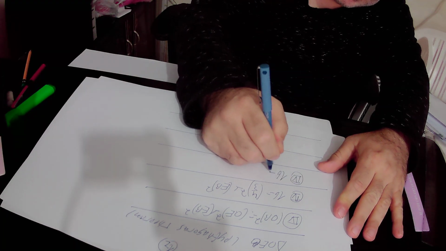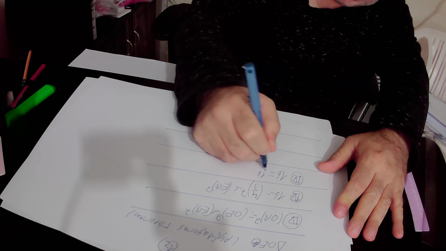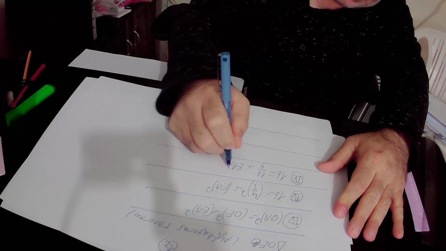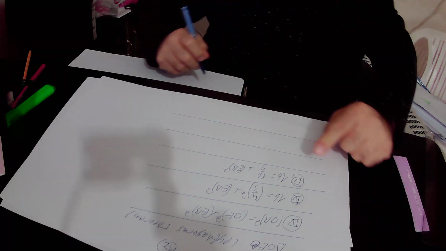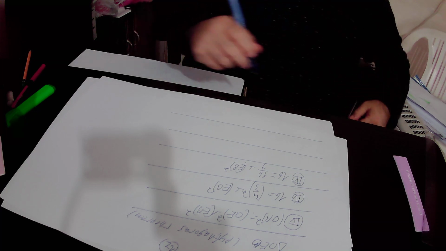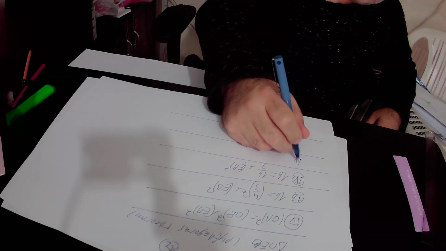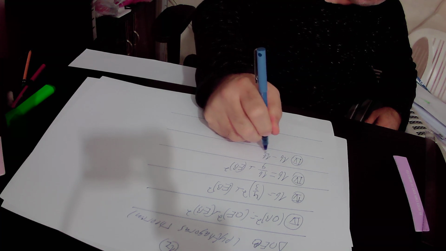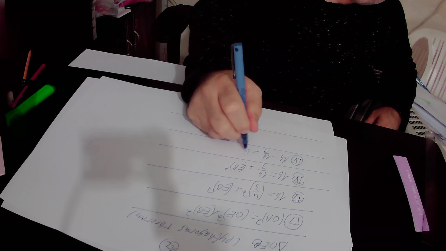We get that 16 equals 16 over 9 plus EB squared. Here we will subtract 16 over 9 from this equation number 4, and we will get that 16 minus 16 over 9 equals EB squared.